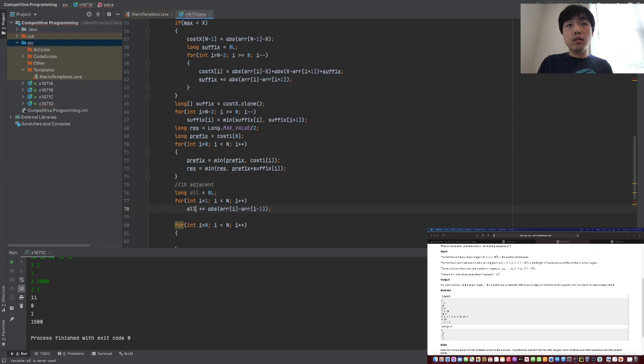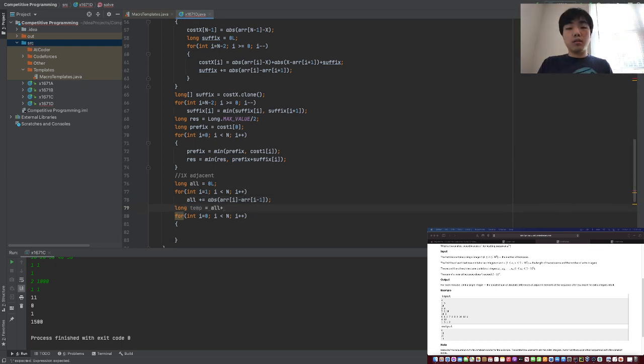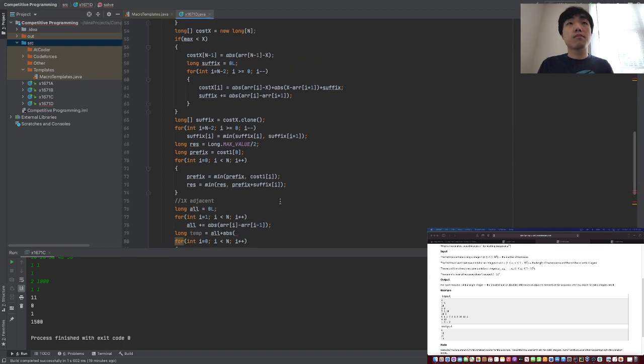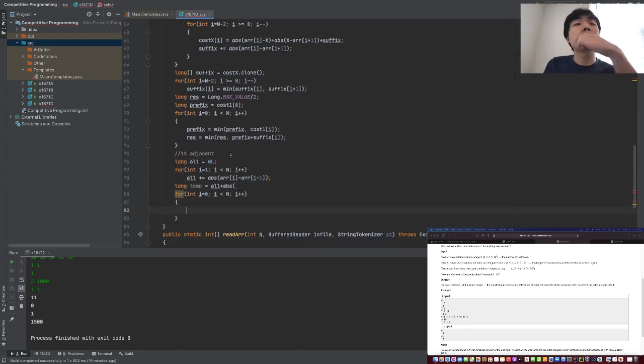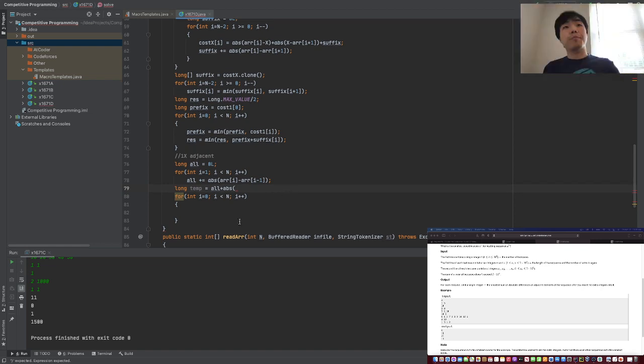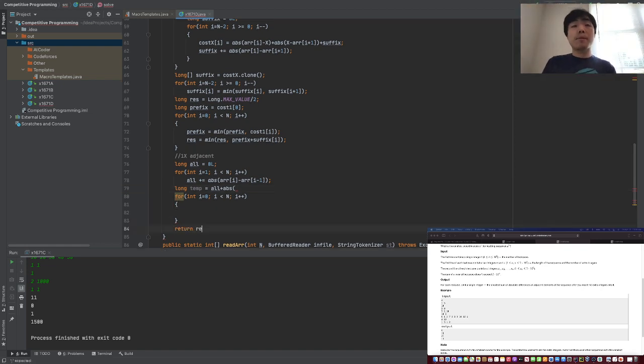Okay, this is all, long temp is equal to all plus absolute value of array 0 minus x plus x minus 1.